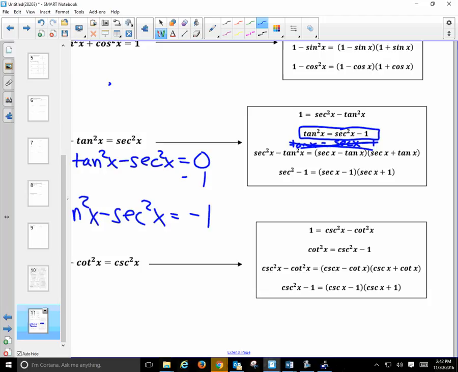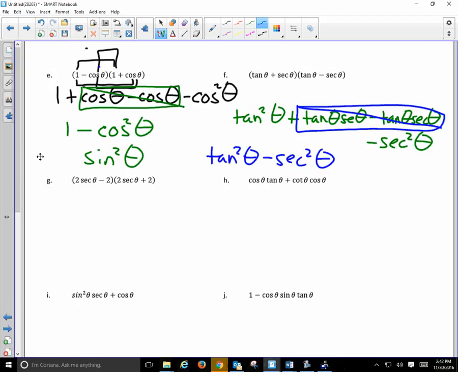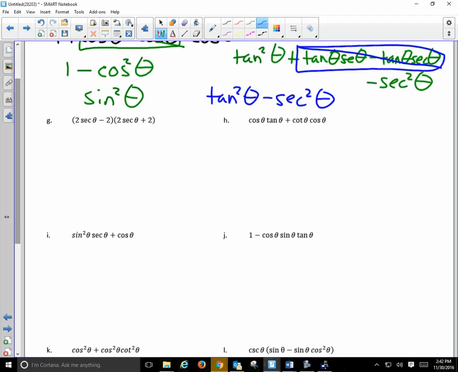For those of you who don't really like that, I'll do it this way: tangent squared of theta minus. What can I put in for secant squared? What does your sheet say? It's number 6.